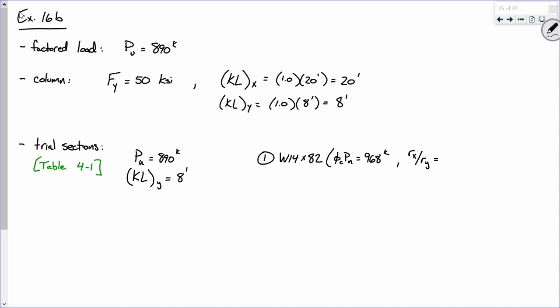We're not done. Since you brought it up, hold on. First off, what's the Rx over Ry for this shape? Because we're going to need it. 2.44. Now, Mr. Lewis, what is the lightest W12 that would work?